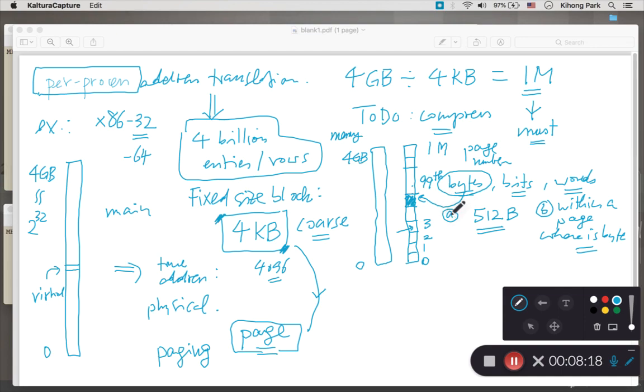So we have a 2-step process. Which page? And then of course within the page, which of the bytes which are housed in one specific page. So it's a 2-step process to keep in mind.